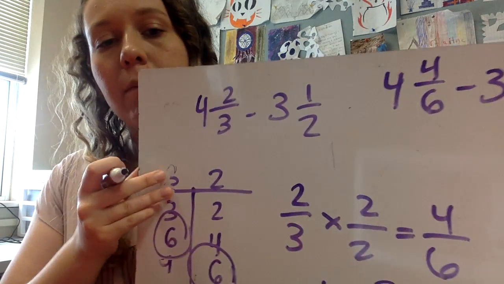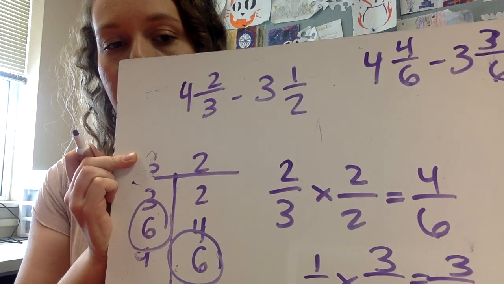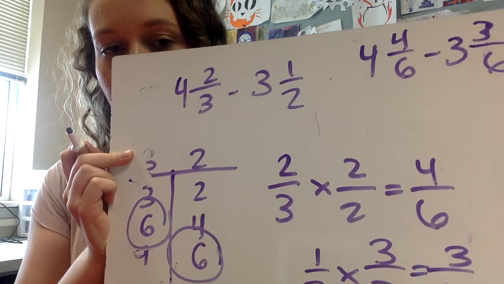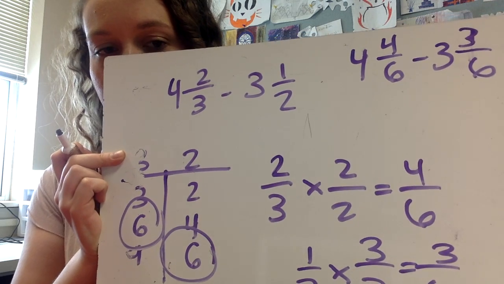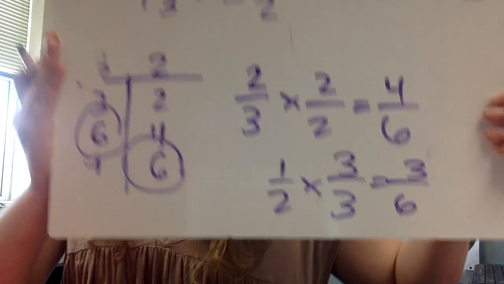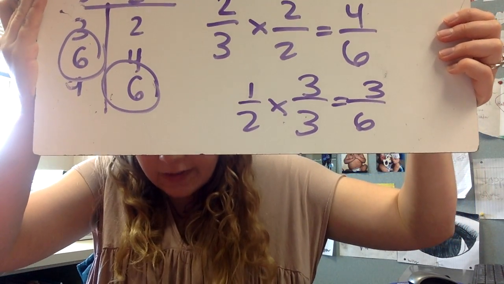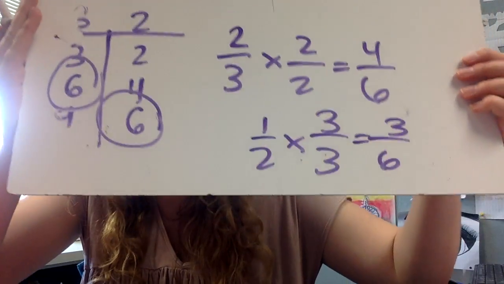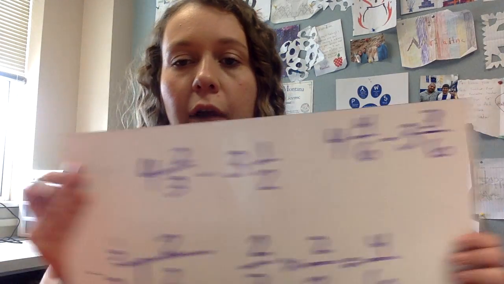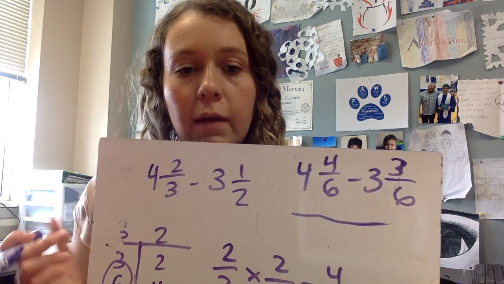The reason that I multiplied by 2 for the 2/3 is because that's how many times it takes for 3 to get to 6. And the reason that I multiplied by 3 for the 1/2 is because that's how many times it takes to get 2 to the common denominator of 6. Now I can subtract this problem up here to get my answer.